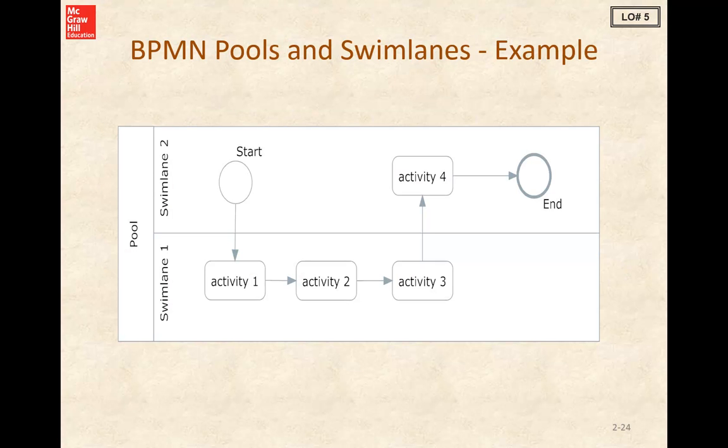So here's just a real basic example of what that would look like. If we wanted to use the same example with the clerk in the store, the pool here would be Best Buy or whatever store we were in. Swim lane 1 could be the clerk, and swim lane 2 could be the actual customer in that example.